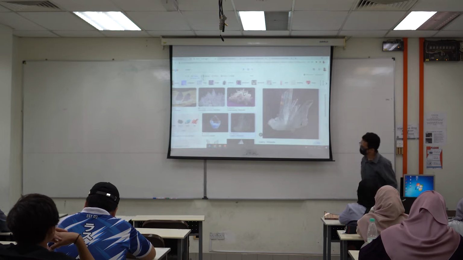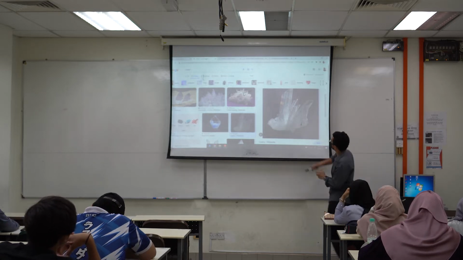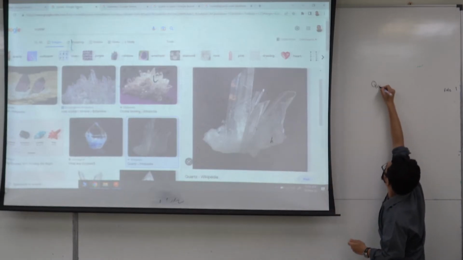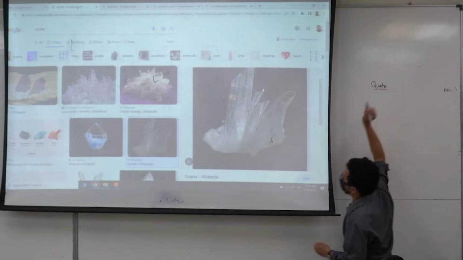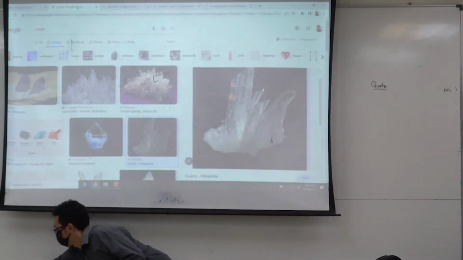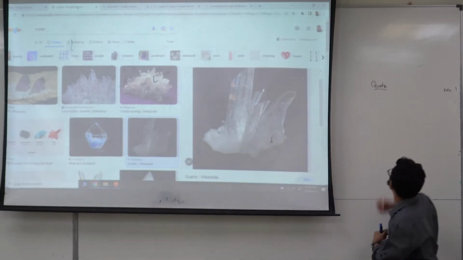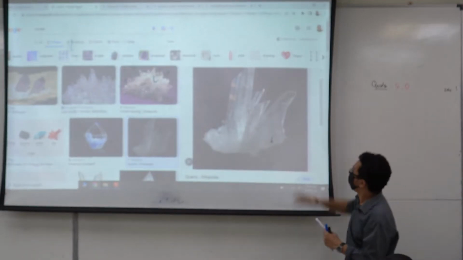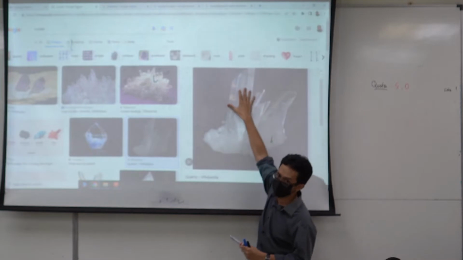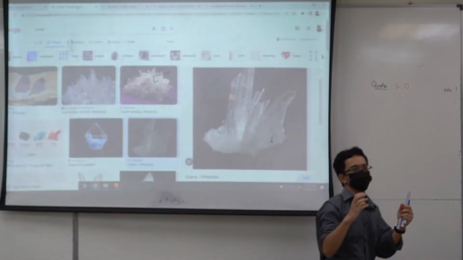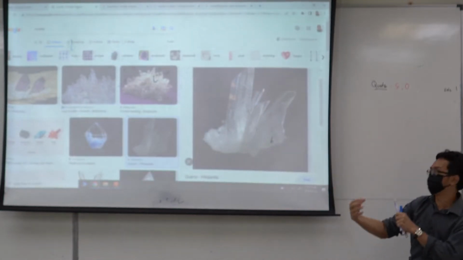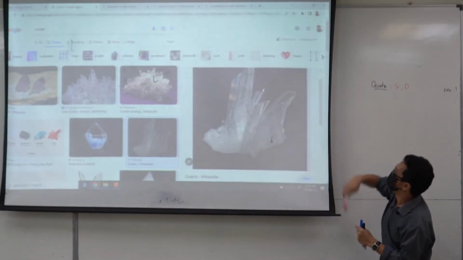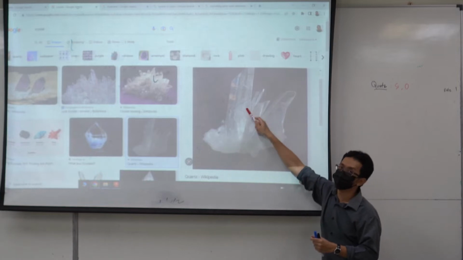Inside this quartz, there are silicon and oxygen atoms. And the silicon and oxygen atoms inside this quartz arrange in a pattern. So we call this quartz a crystalline material.